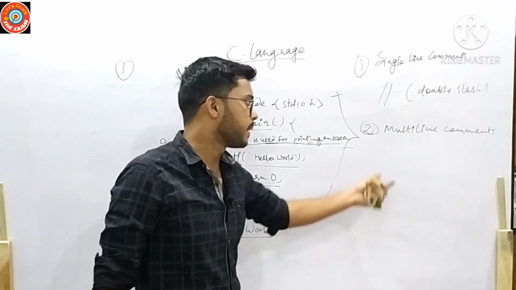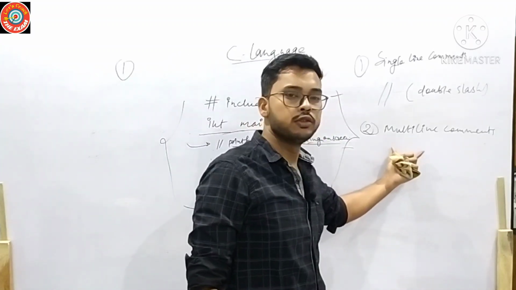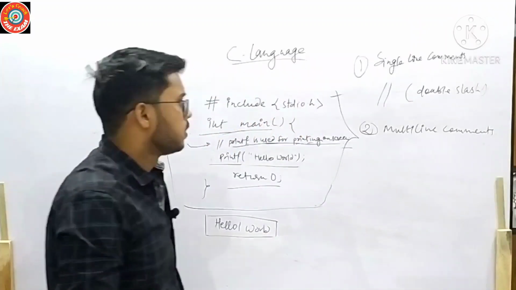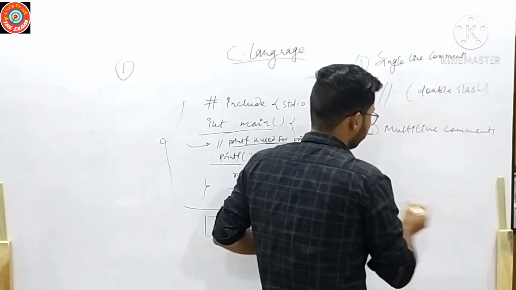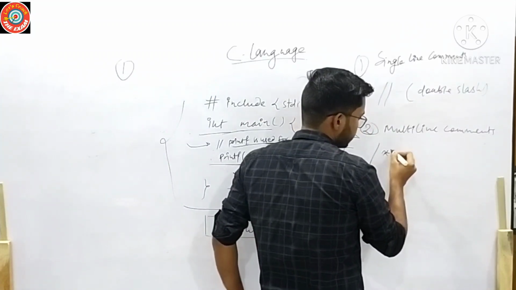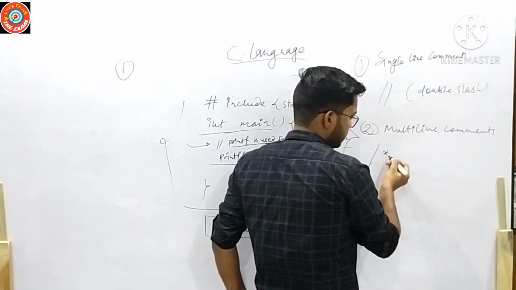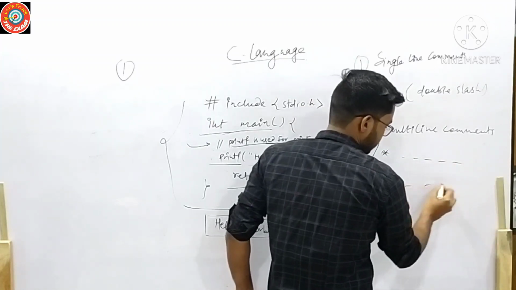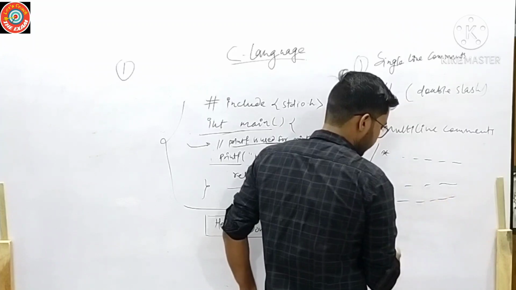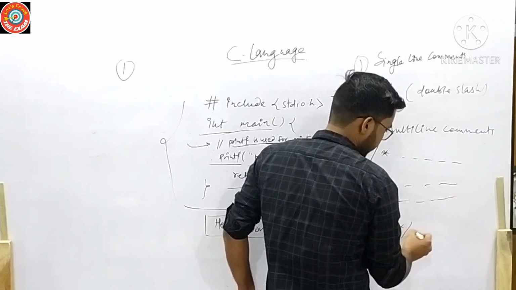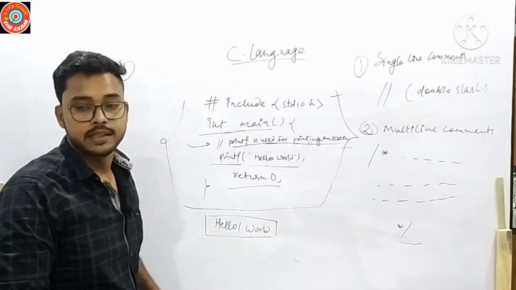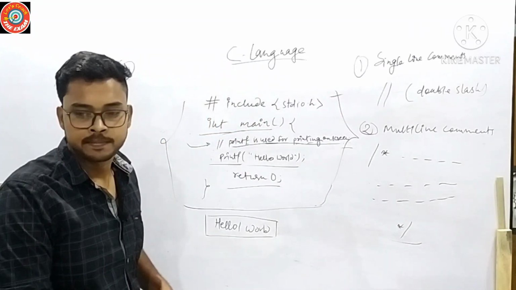For a multi-line comment, we use slash, then star, and we write whatever we want to comment out, and then close it with star and slash. This is our multi-line comment.